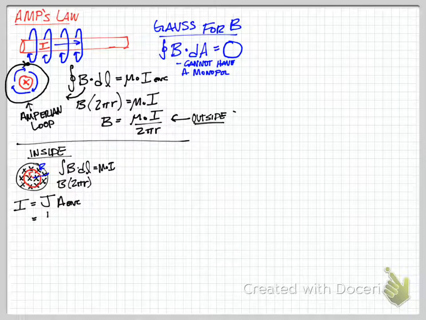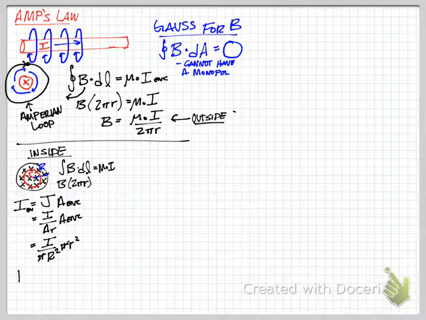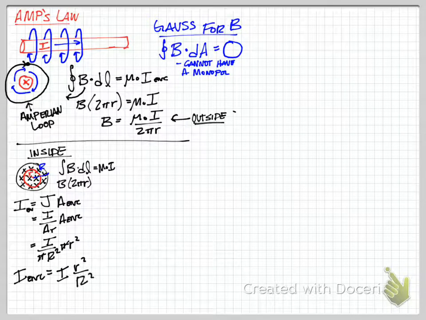Well, J is the total current I divided by the total area, times A enclosed. So that is the total current divided by pi big R squared, times pi little r squared. Our pi's go away, and so my enclosed current is equal to I times little r squared over big R squared.